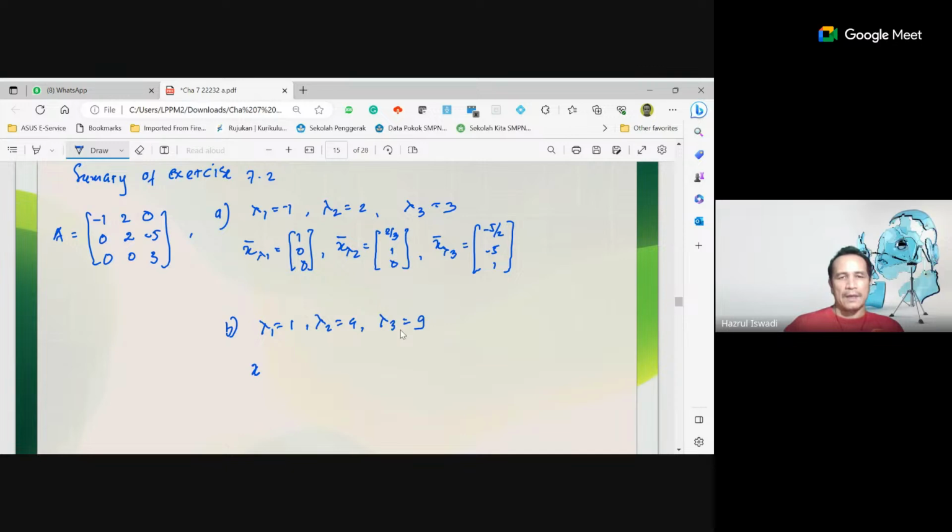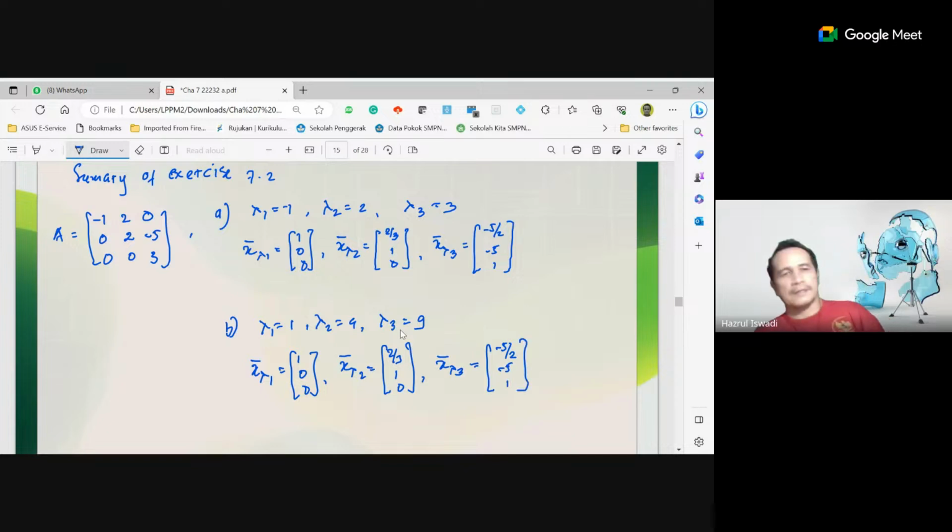And we have the same eigenvectors: x lambda 1 is 1, 0, 0; x lambda 2 is 2/3, 1, 0; and x lambda 3 is -5/2, -5, and 1. Okay, this is the summary of exercise 7.2.